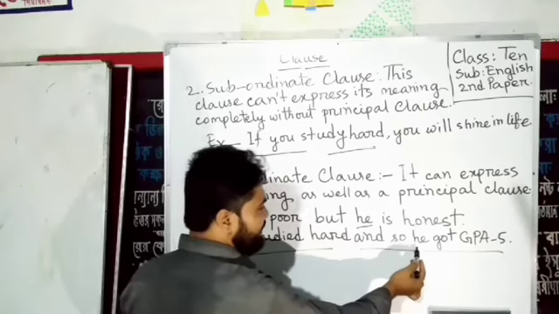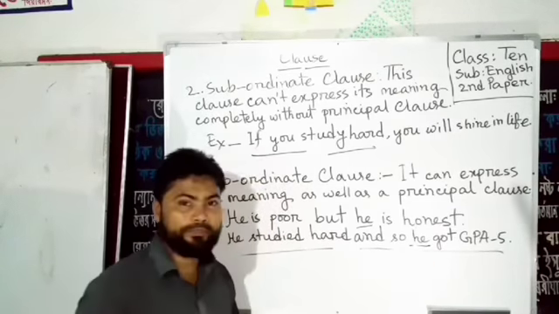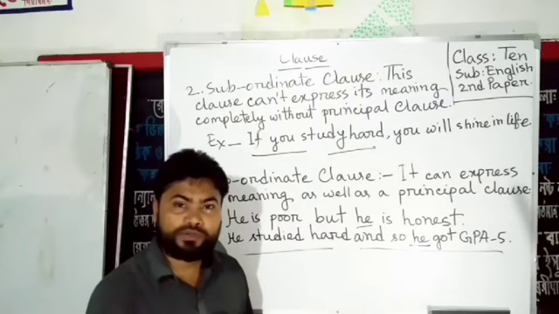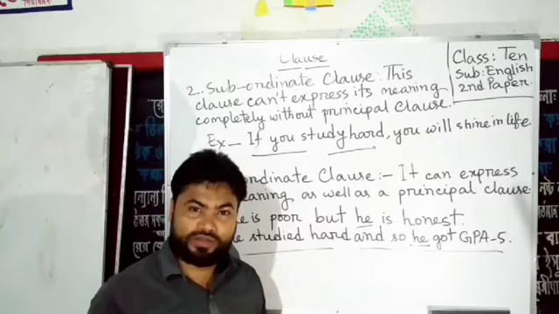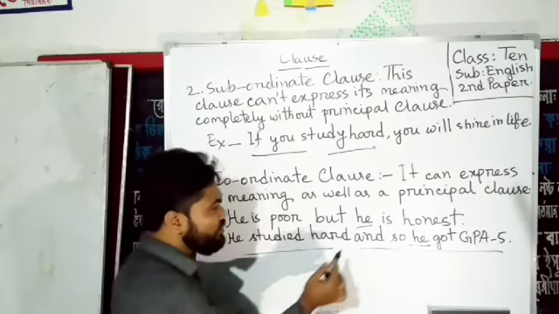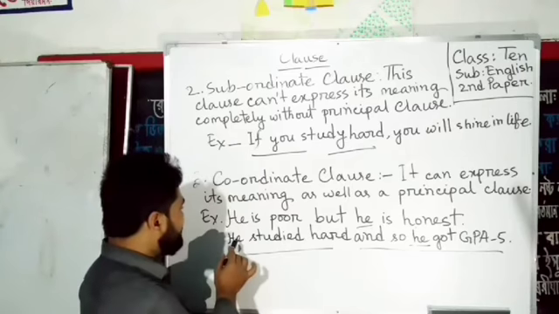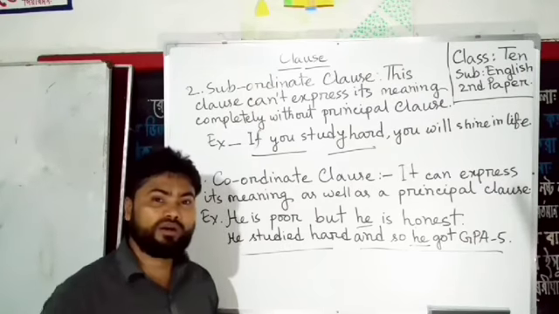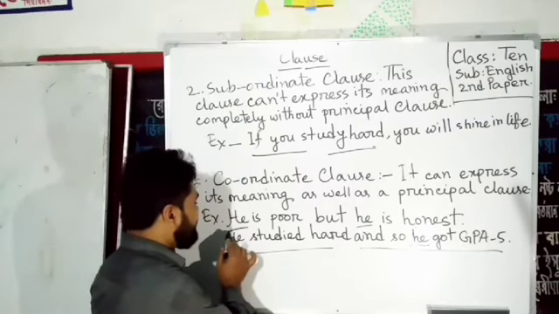You can notice here the subject he, and in this sentence the subject is he. You can omit this subject. How? Why? Because at the very beginning of this sentence you can see a subject.